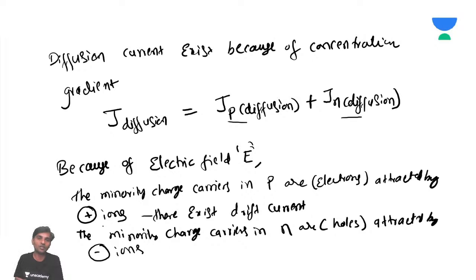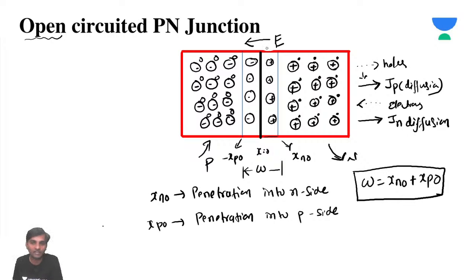Because of this, what happens, sir? Some electric field exists because you have positive and negative ions which don't have any charge carriers. When this complete positive charge and this complete negative charge exist across the junction, there exists an electric field.